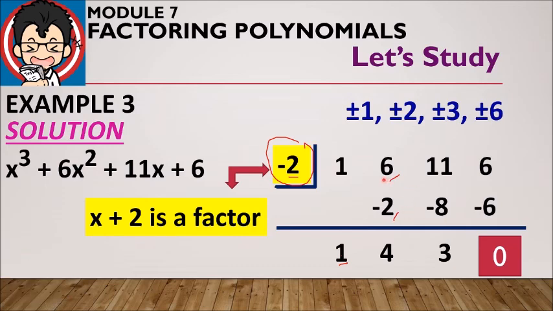Okay, so 6 minus 2, we have 4, then 4 multiply to negative 2, we have negative 8, then 11 minus 8, that would give us 3. 3 times negative 2, we have negative 6. So, combining these two would result to 0.